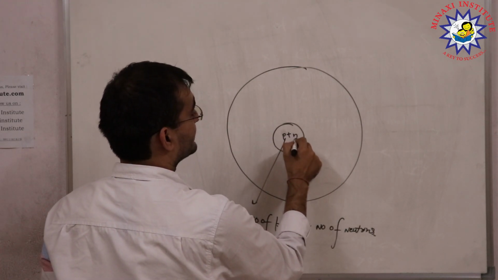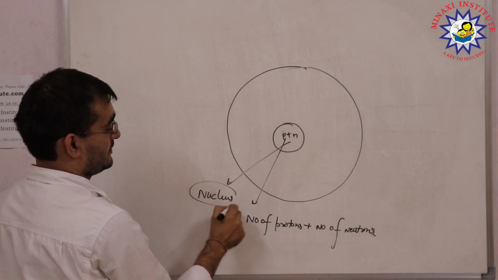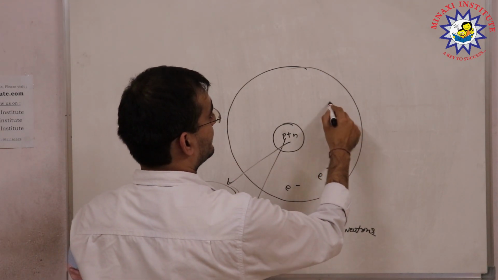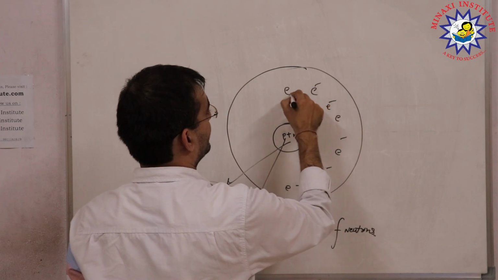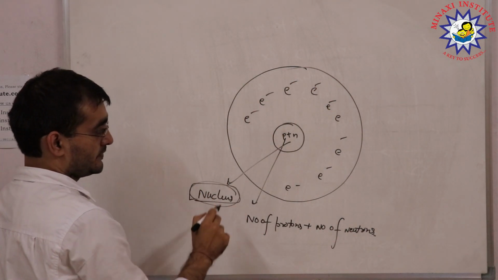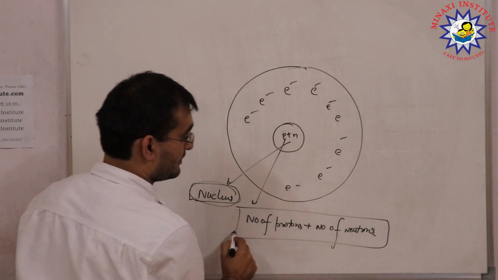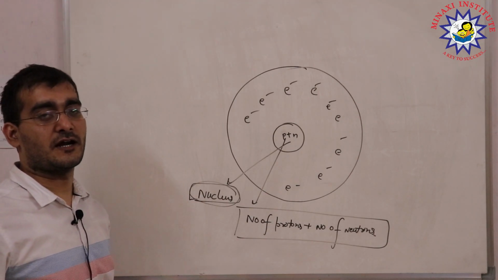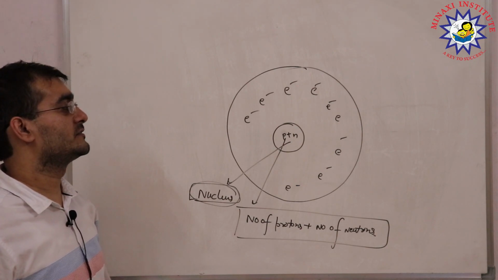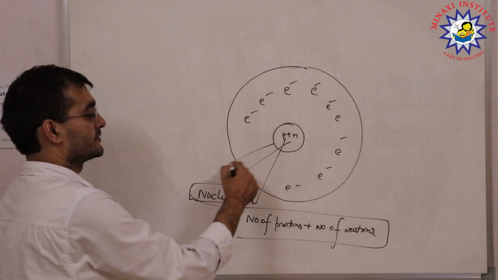This is positive, plus neutrons, that is the nucleus. And the electrons are revolving around the nucleus. Rutherford gave these things, but he could not describe the motion of electrons in these shells, or how the electrons are revolving around the nucleus.